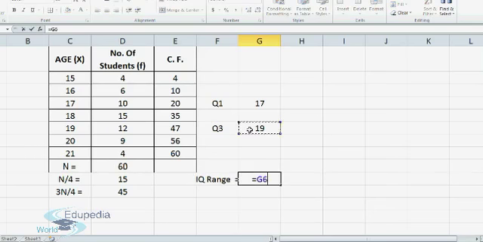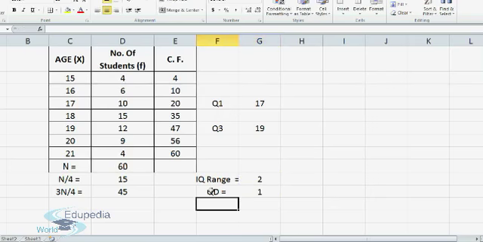So it is 19 minus 17. And what about quartile deviation? Quartile deviation will simply be the value divided by 2. So quartile deviation here is 1.